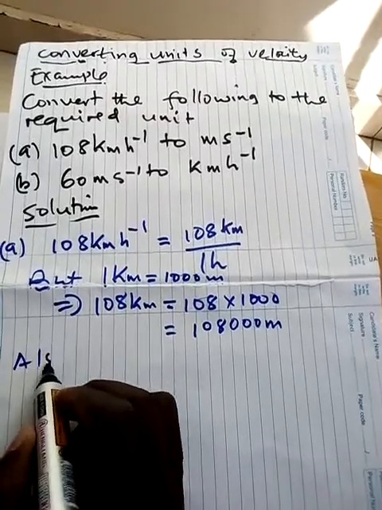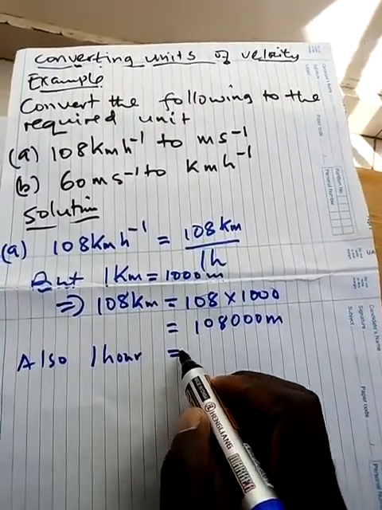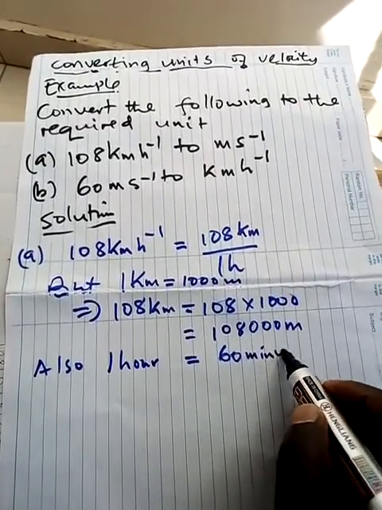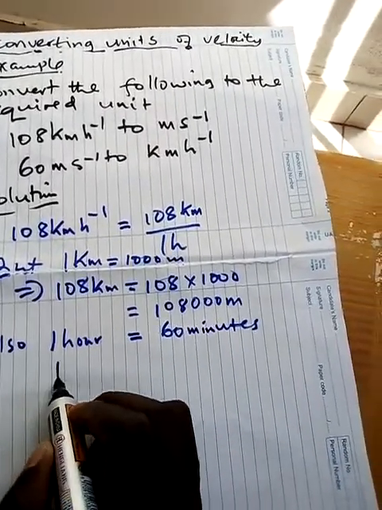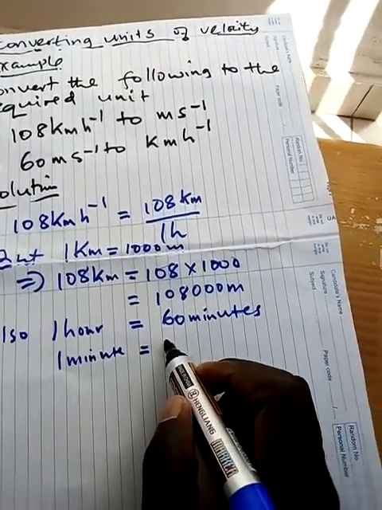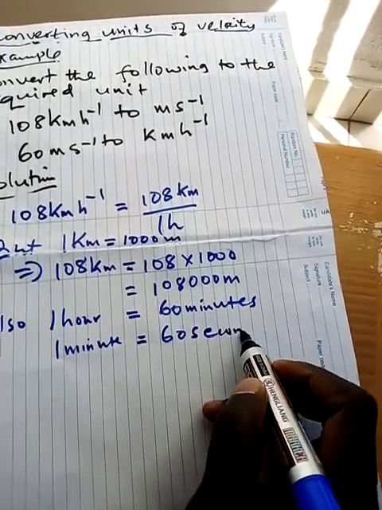Also, we understand that 1 hour is equal to 60 minutes, and 1 minute is equal to 60 seconds.